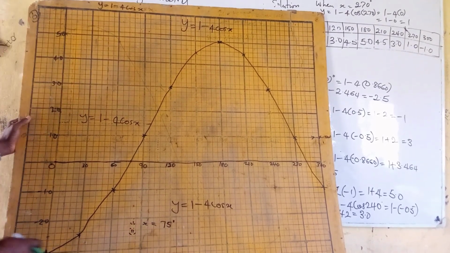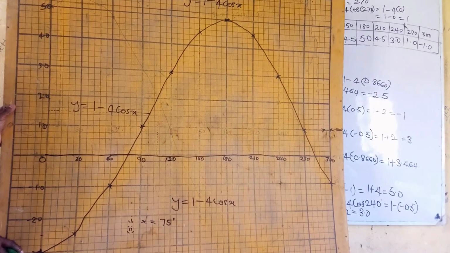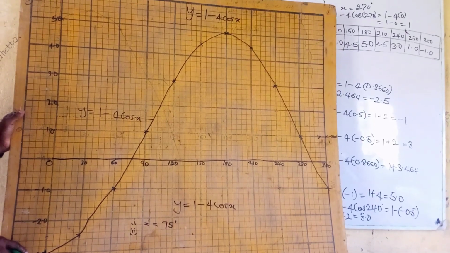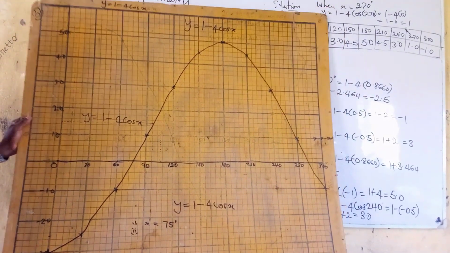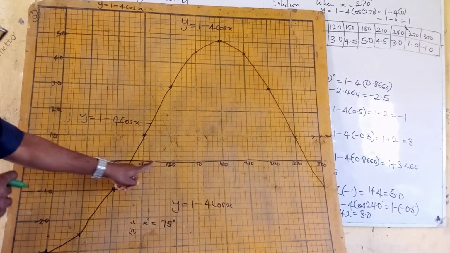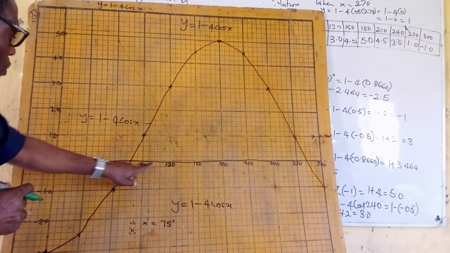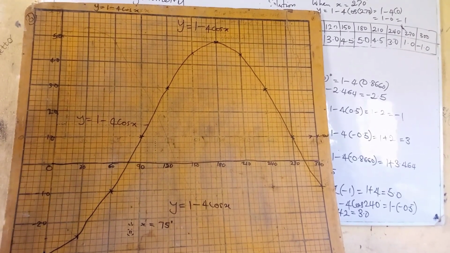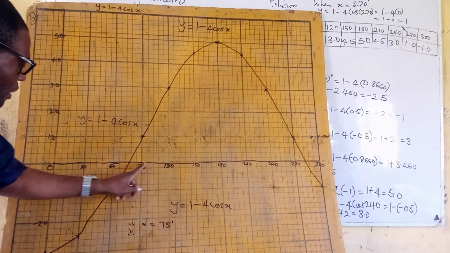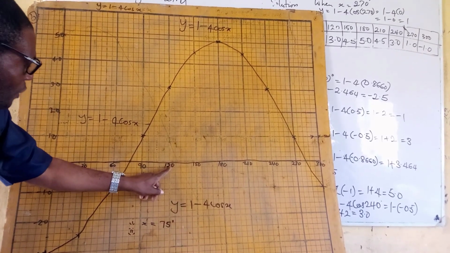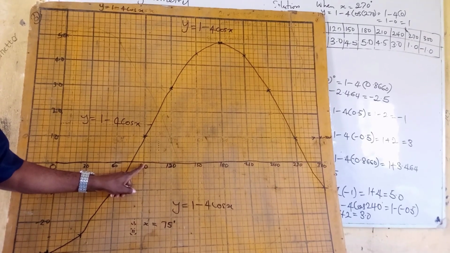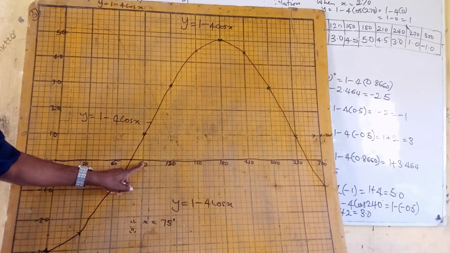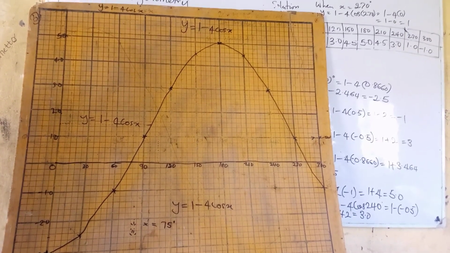Another question is to find the value of y when s is 105. 105 is in between here. If you divide it into 2, we're going to have 30: 120 minus 90 is 30. Divided by 2, that is 15, right? Then you add 15 to this one. What would that be? That is 105, right?